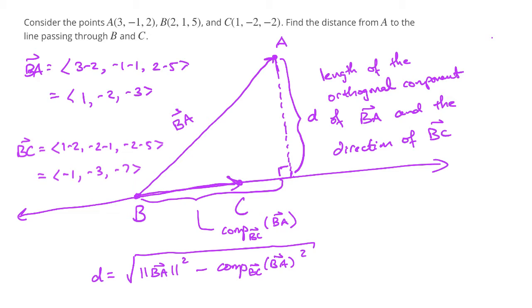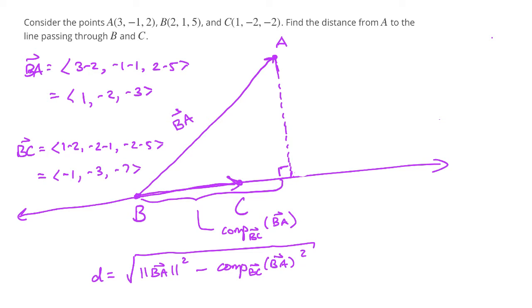So with this, now we're able to compute our components, namely our component in the direction of BC of BA is going to be BA dotted with BC divided by the length of BC.